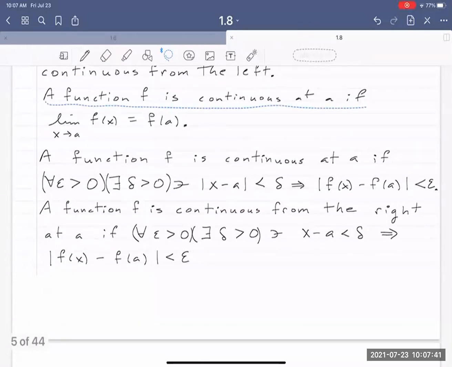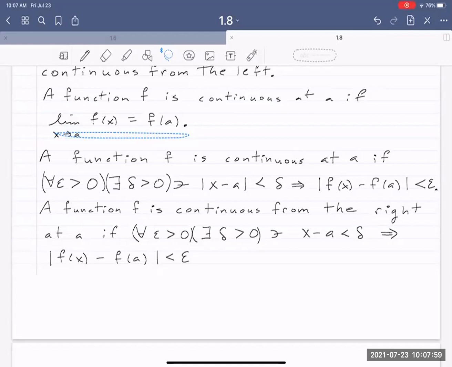So let's restate this definition of continuity in terms of epsilons and deltas. We call a function f continuous at a if the limit as x approaches a of f of x is f of a.